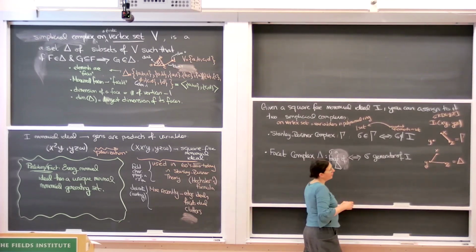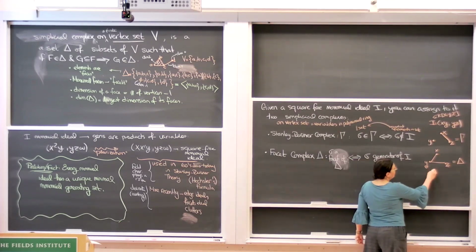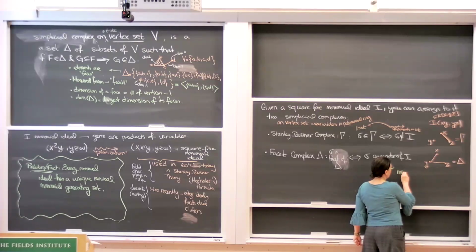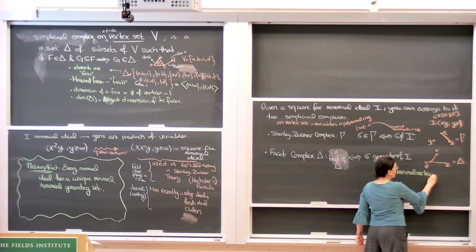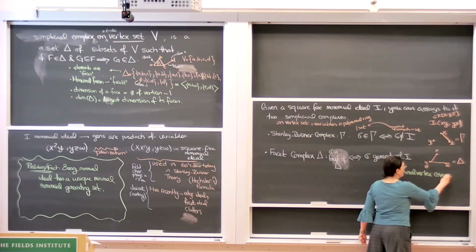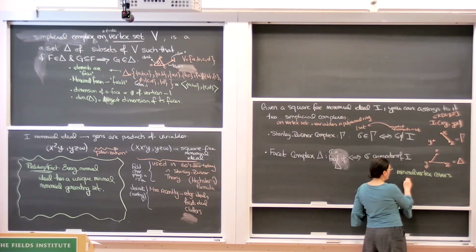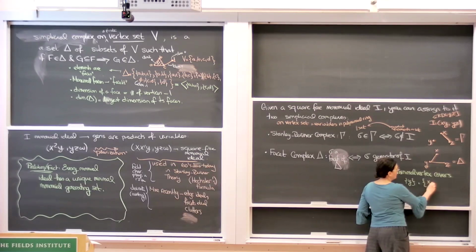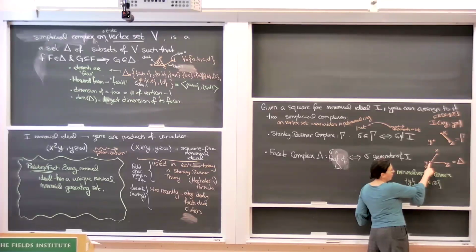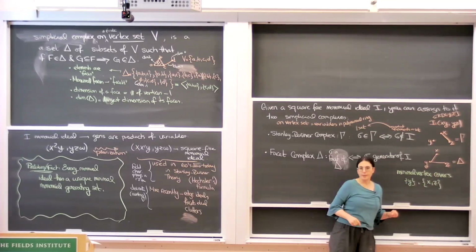For example, if I look at this picture, my minimal vertex covers here are Y, because every facet has Y in it, and X comma Z. If I pick X, I can't pick Y anymore because that would make X redundant, so I pick Z. So it will be XZ.